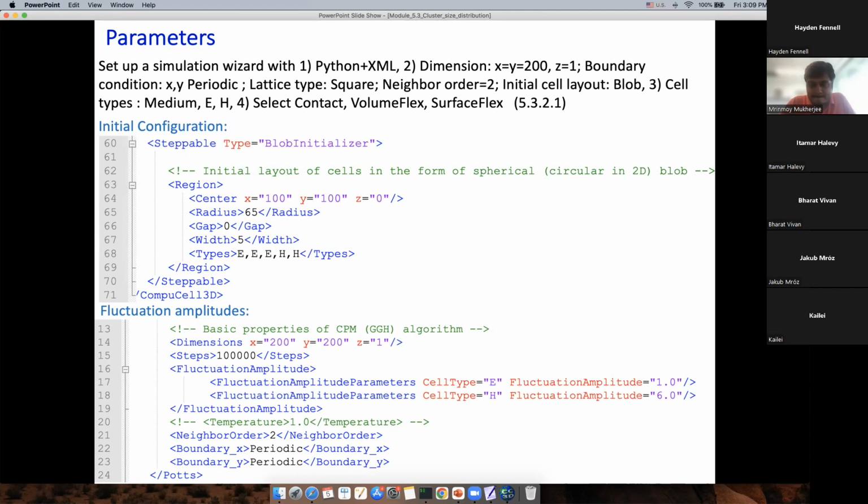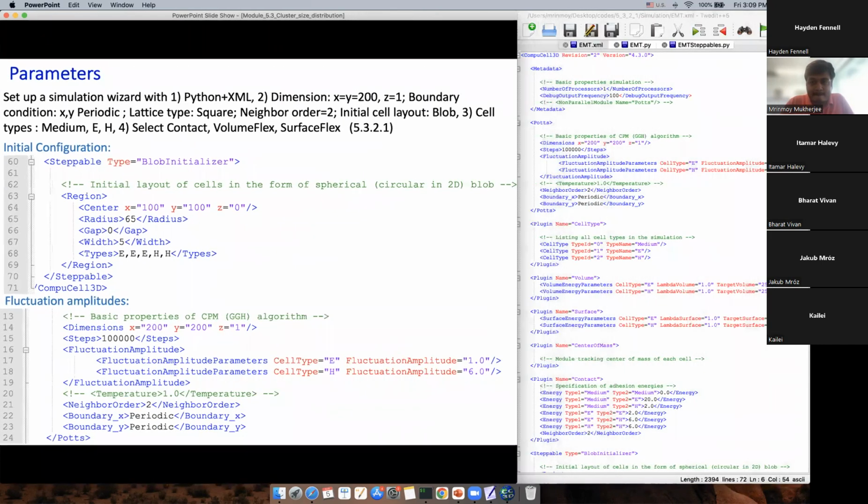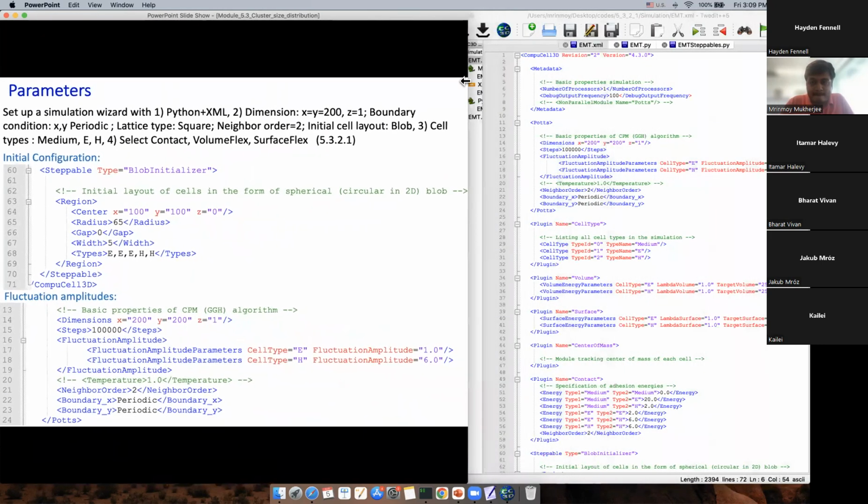If people would like to walk through the model with Mrinmoy, do give a thumbs up in the window. If you'd like to walk through it together and actually do the code, put a thumbs up. So we got 1, 2.